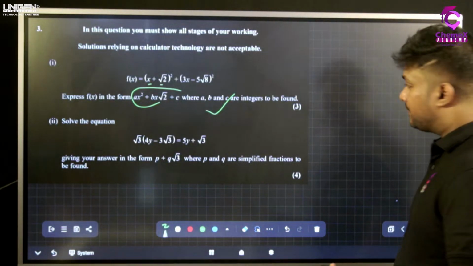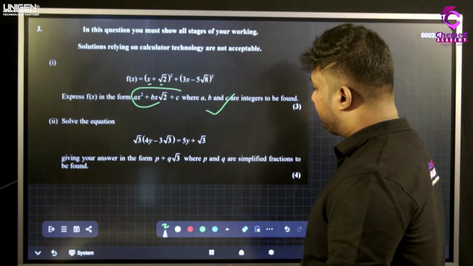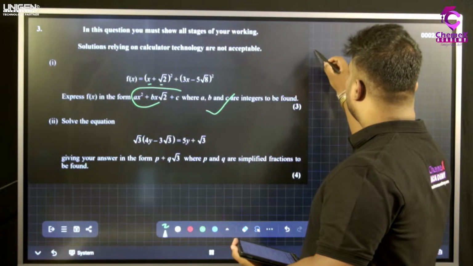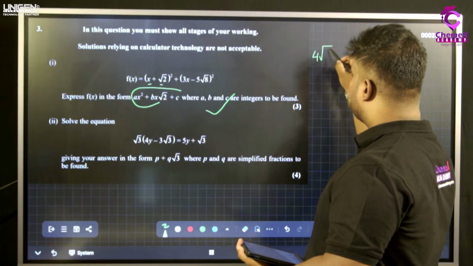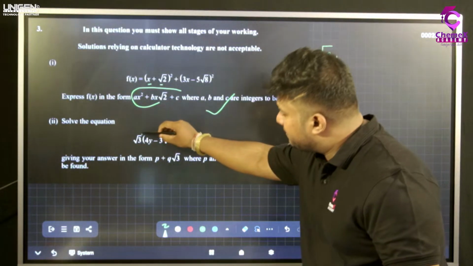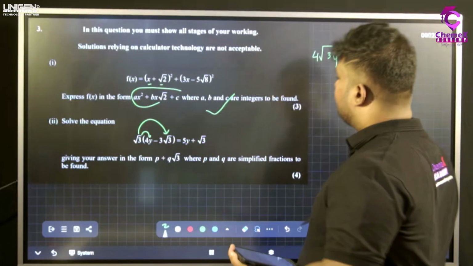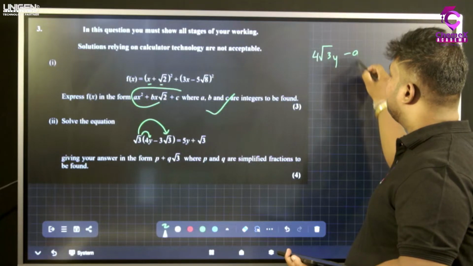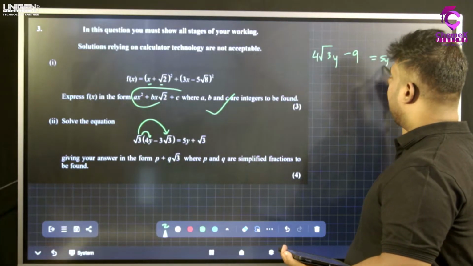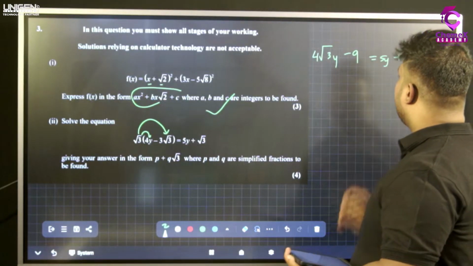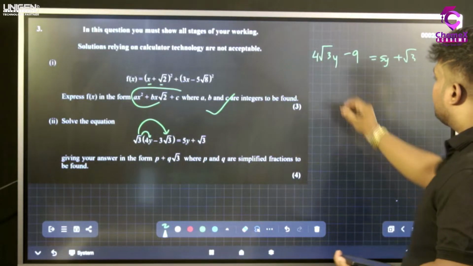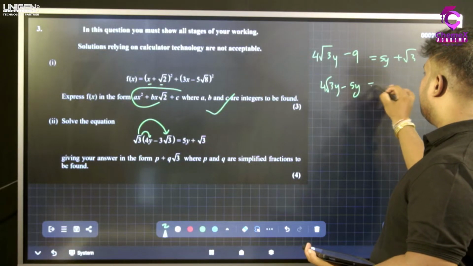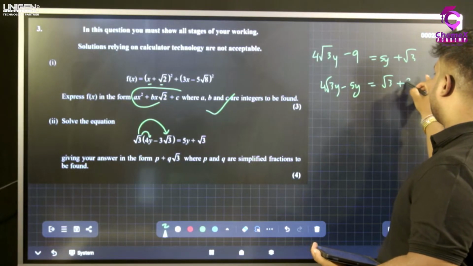How do you do it? What you can do is expand with the root 4 root 3y. I'm just going to expand. Then minus 3 times 3 is what? 9, right? Equals 5y plus root 3. Then let's bring the y terms to one side. 4 root 3y minus 5y is equal to root 3 plus 9.